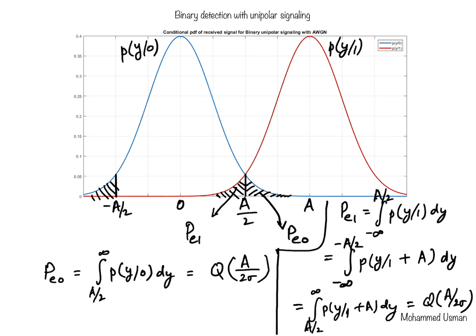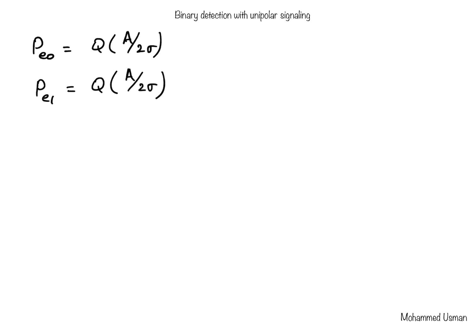Right. Next, what we want to do is find the average probability of error by combining the error probability of 0 and 1. So we now have the error probability when 0 is transmitted, PE0, which is equal to Q of a by 2 sigma, and the error probability when 1 is transmitted is also equal to the Q function of a by 2 sigma.